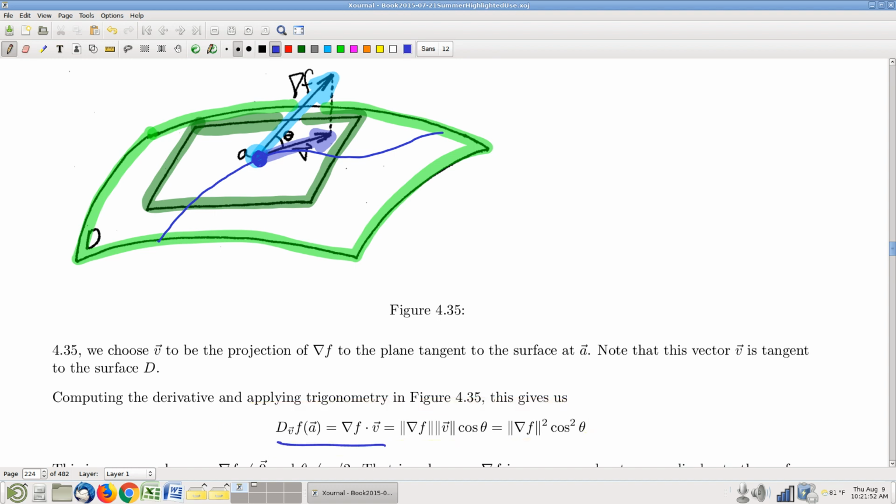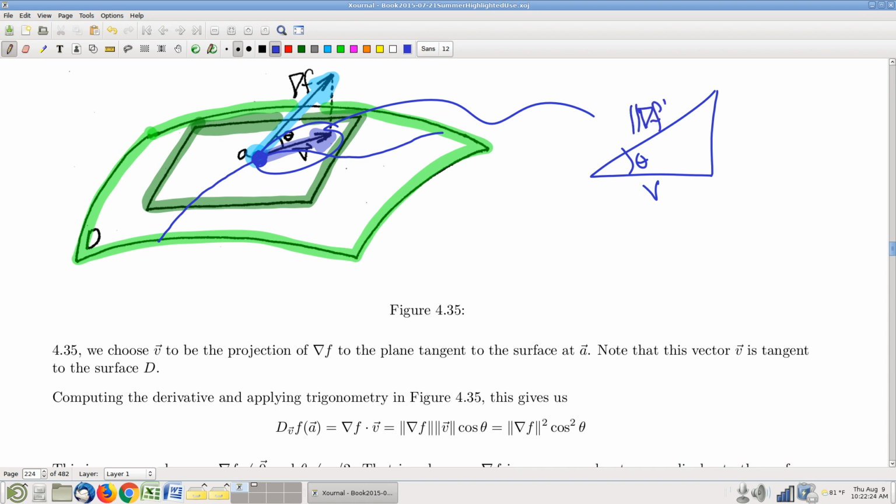Your directional derivative is computed by gradient dot v. There's our velocity vector. Old news about dot products. If you do the little trig here, compute the magnitude of that v vector, given that this angle is theta and this magnitude here is the magnitude of the gradient.